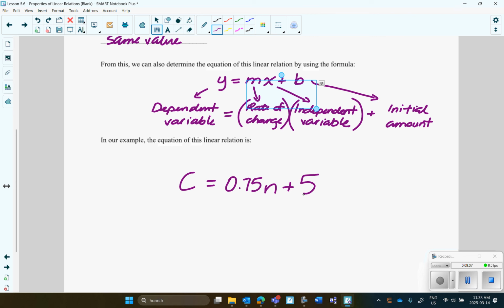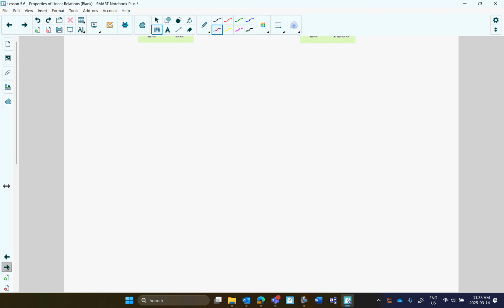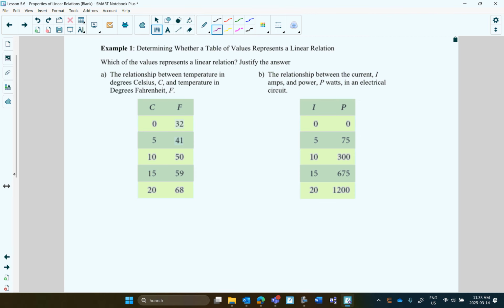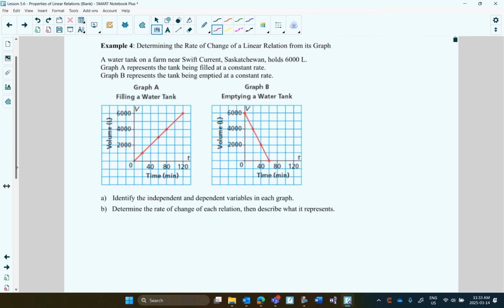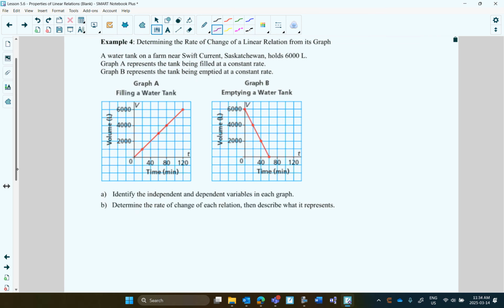So let's practice with the last example. It's actually two situations, because we've got two graphs. Are these situations going to be linear?